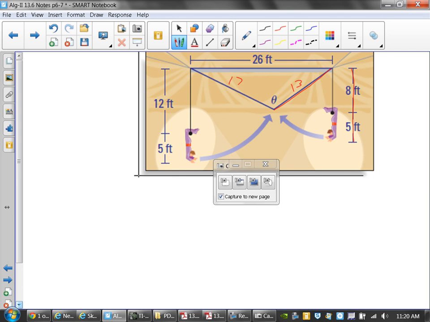Use the law of sines to find theta. What's the side opposite theta? Did I say sines? I meant cosines, thank you. I meant law of cosines. So 26 squared is 13 squared plus 17 squared minus 2 times 13 times 17 cosine of theta.